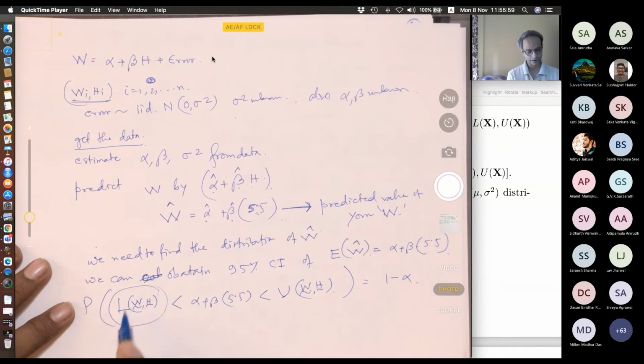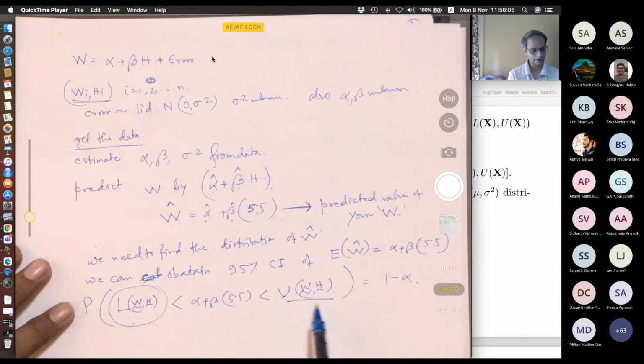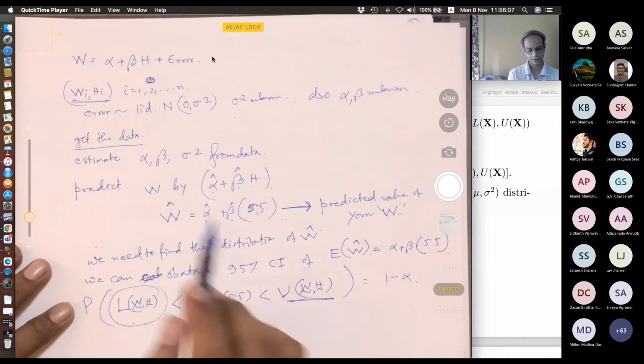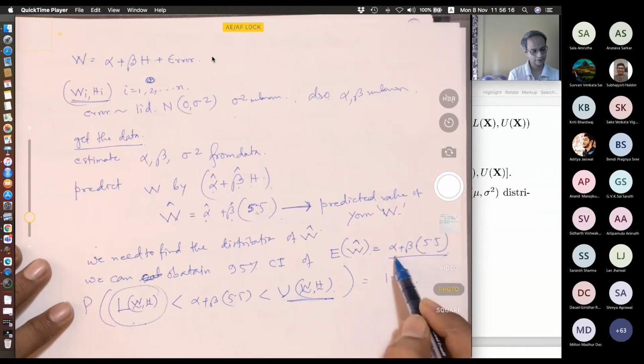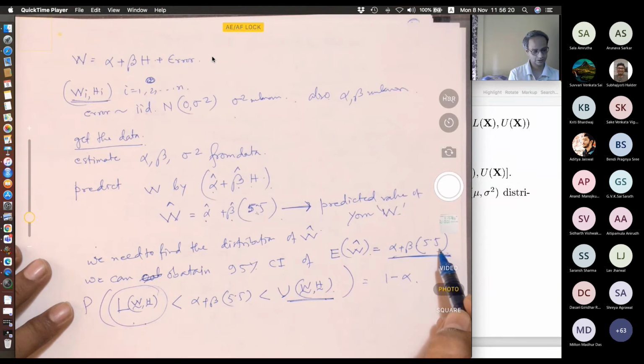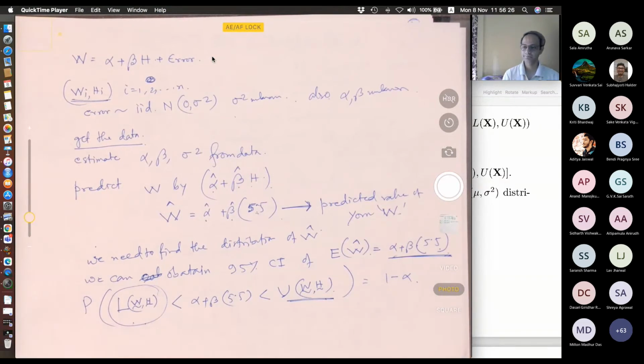You will obtain a lower bound and an upper bound as functions of data, and it will engulf the parameter value with probability 0.95. Is it clear?